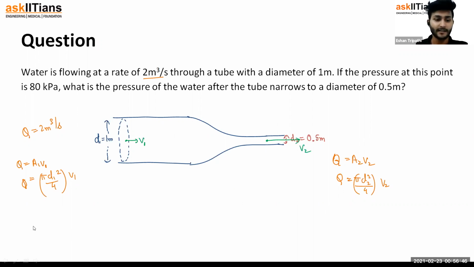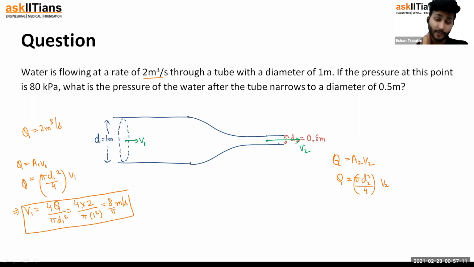From this, I get the value of V1 as 4Q by pi d1 square. That is 4 times 2 divided by pi into 1 square, that's 8 by pi meters per second. That is the speed of liquid at that point.